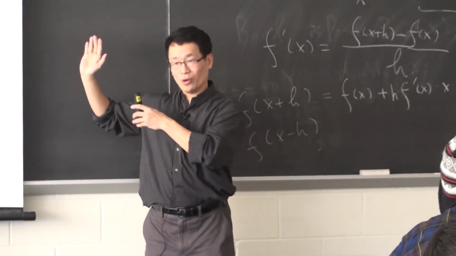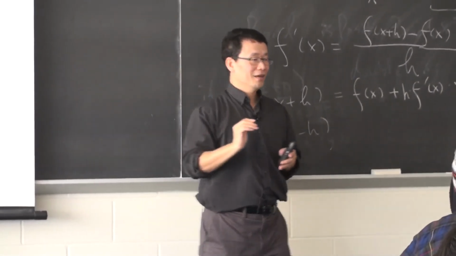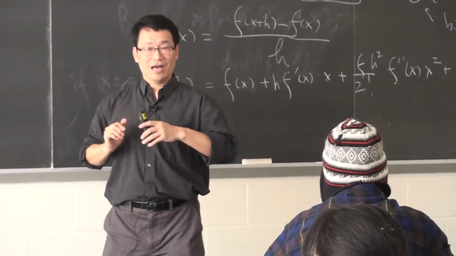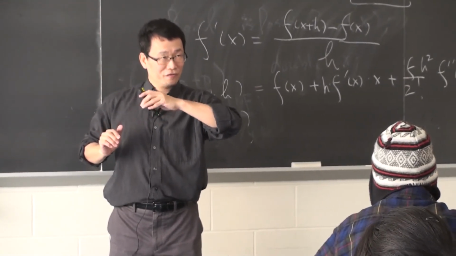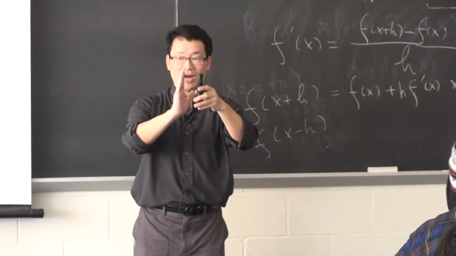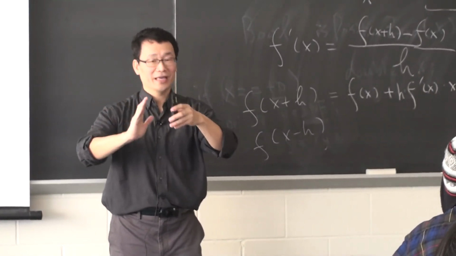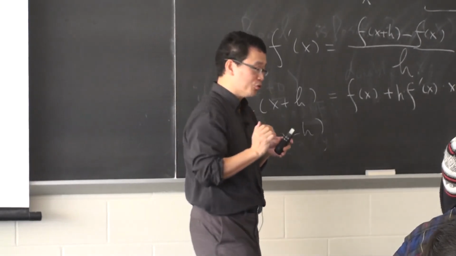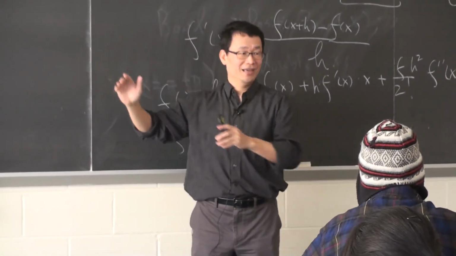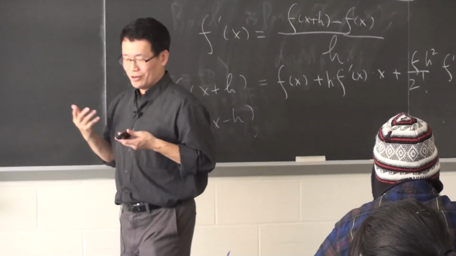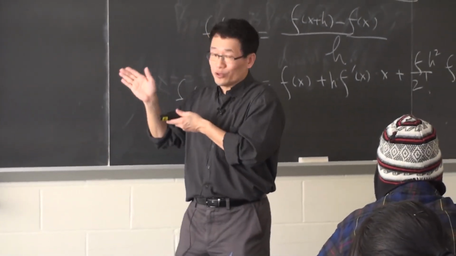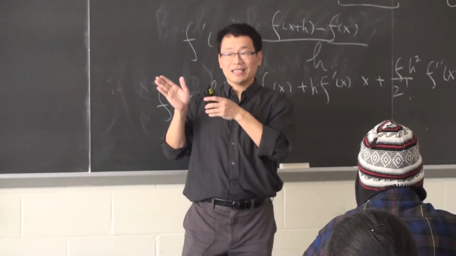I want to give you your first taste of something called hp adaptivity: how do you use finer resolution, or higher order, to get accuracy when the ground truth is not known? You will see many variations of that in different physical laws, but this gives you the first taste.